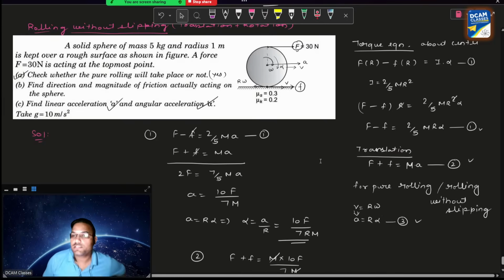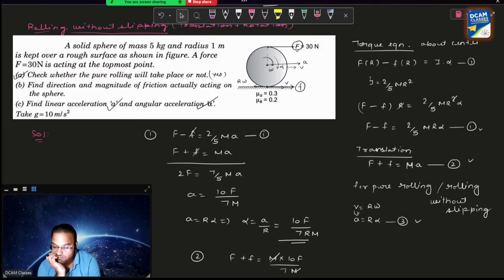Okay. This is how we solve it. Torque equation, F into r minus... Friction force should not come negative.